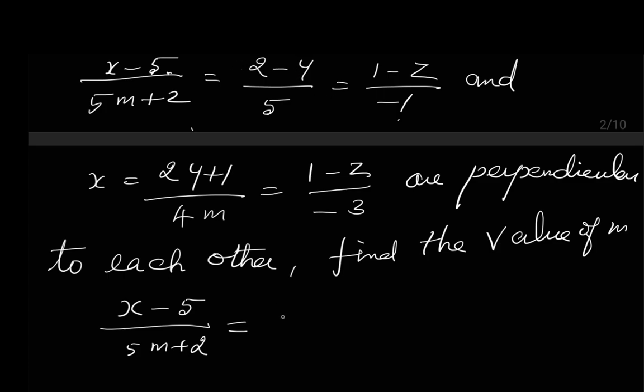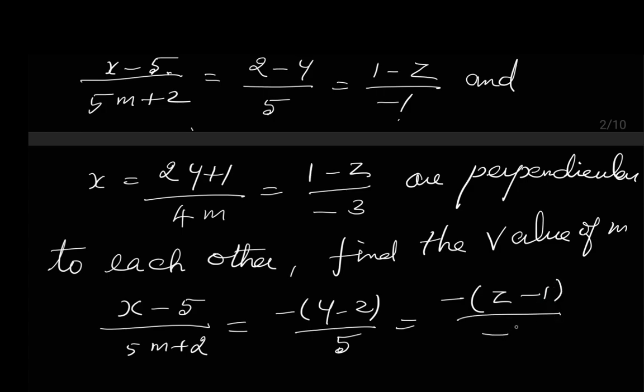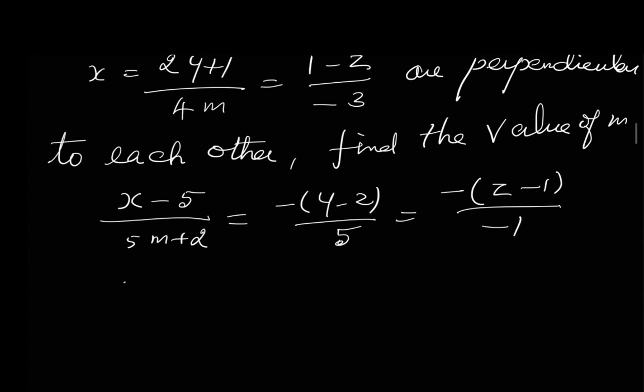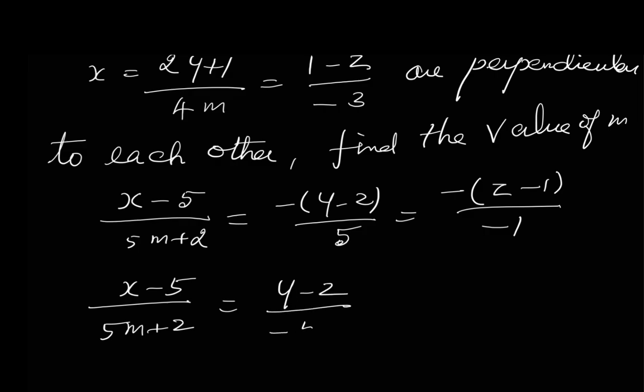So take minus outside: minus (y minus 2) divided by 5. Again this is 1 minus z; take minus outside: (z minus 1) by minus 1. So you will get (x minus 5) by (5m plus 2) is equal to (y minus 2) by, giving the minus to the denominator, minus 5.